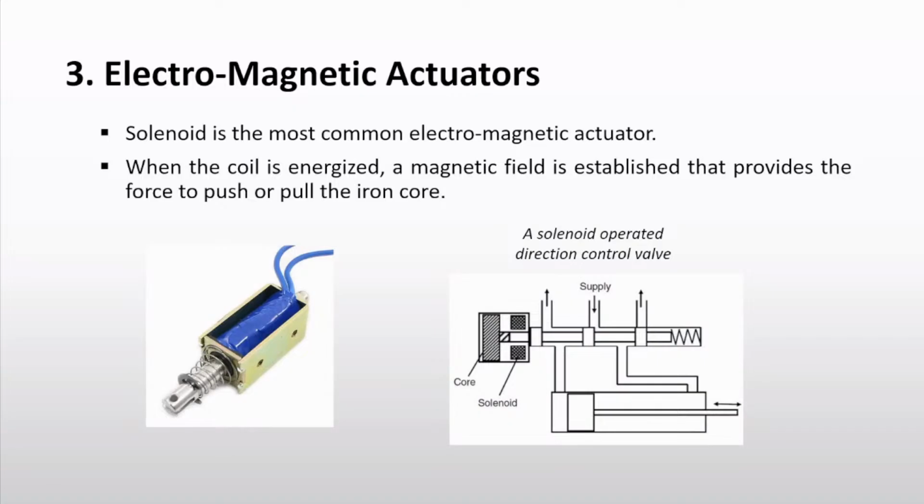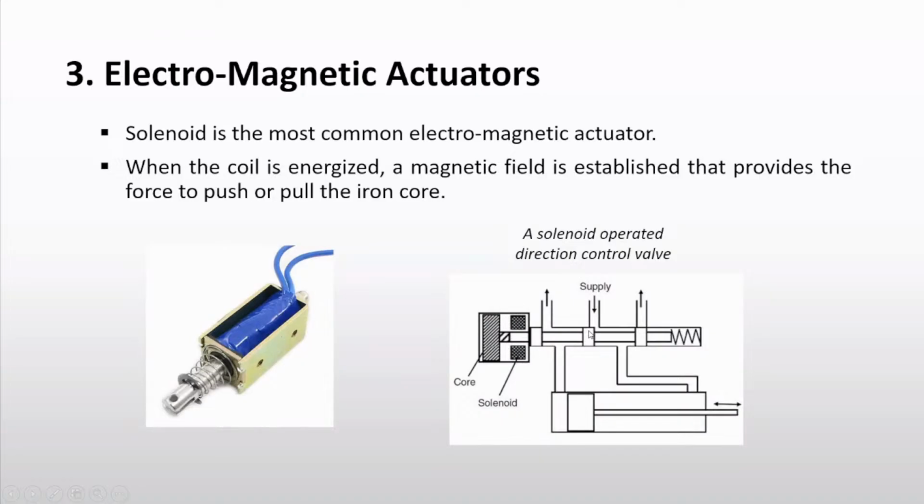So what happens? When you energize a coil, a magnetic field is generated. According to that generated magnetic field, the iron core moves linearly. We can see that this iron core can move according to the magnetic field of this solenoid.